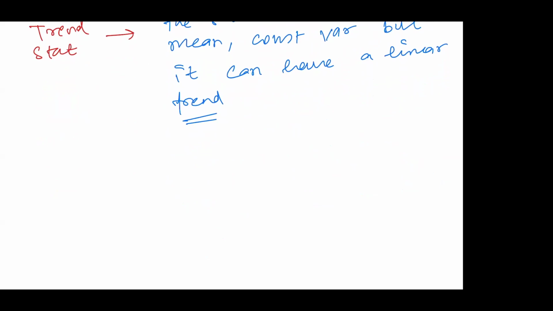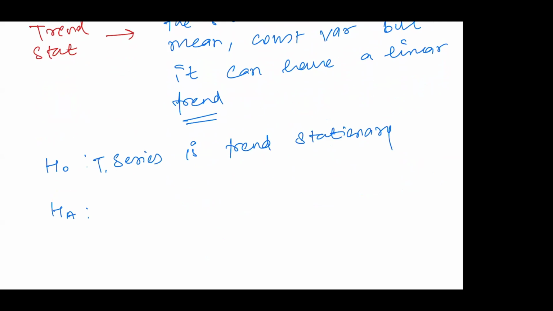Now let's look at the null hypothesis and the alternate hypothesis. Here, the null hypothesis is that the time series is trend stationary, and the alternate is that the time series is non-stationary, which basically means that there is the presence of a unit root in the model.